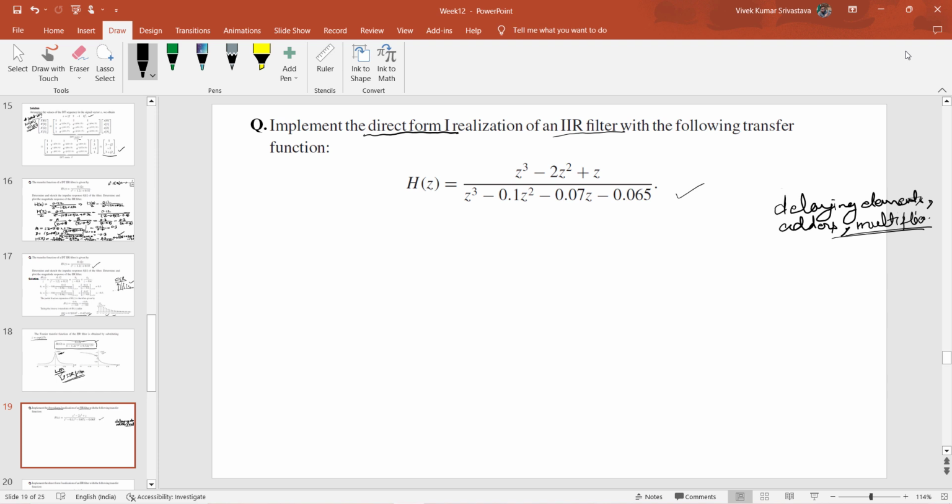By using this we can realize any kind of filter.